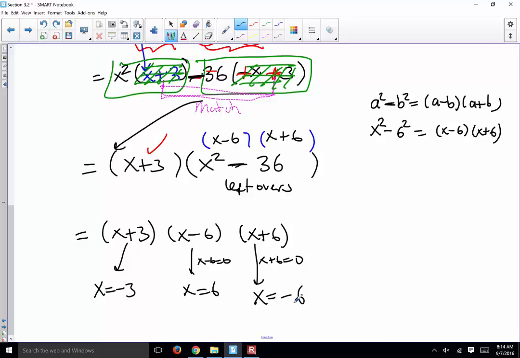I have how many zeros? 3 zeros, or x-intercepts, right? And what's the multiplicity of each? How many times each factor shows up? How many powers do you see here? All multiplicity 1.